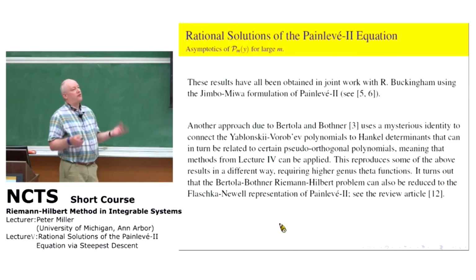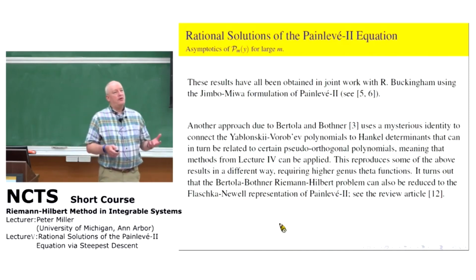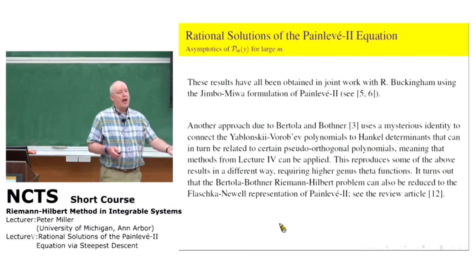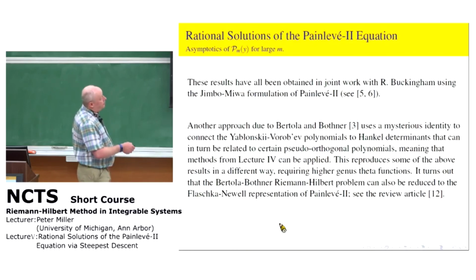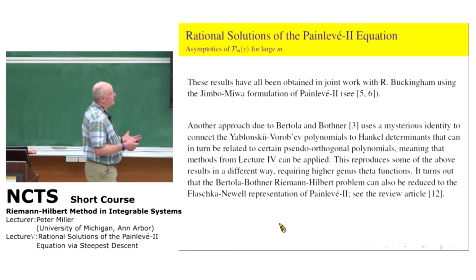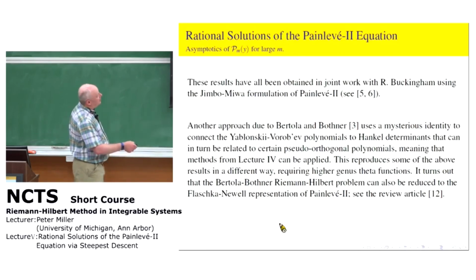Actually, there are lots of such formulas in the literature, but they have so far not been useful for analysis until Bertola and Bothner produced a new Hankel determinant identity that had not been seen before in the literature. And I cannot tell from their paper how to get it, and I've asked Bertola and Bothner how to get it, and they've not been able to convince me. It's just a mystery. I mean, you can prove it, but I don't know how you figure it out. That's why I'm saying it's mysterious.